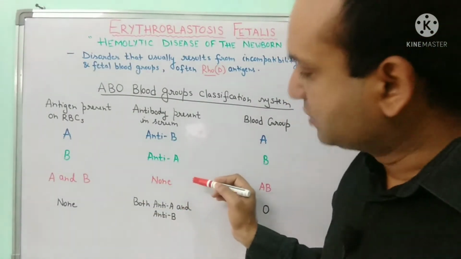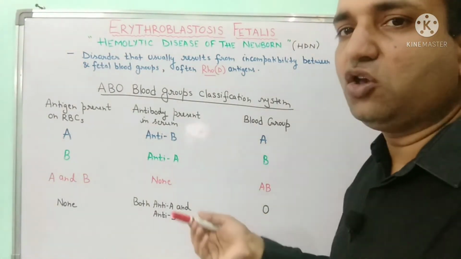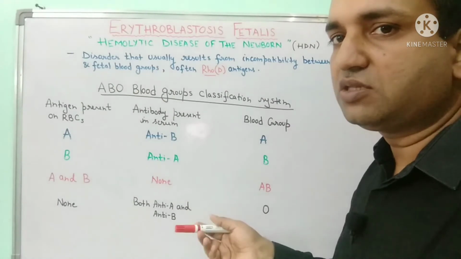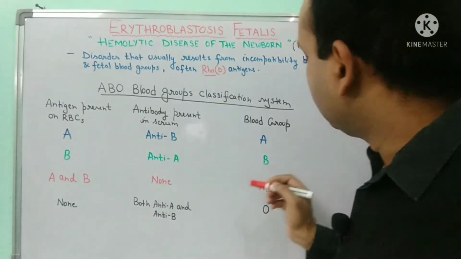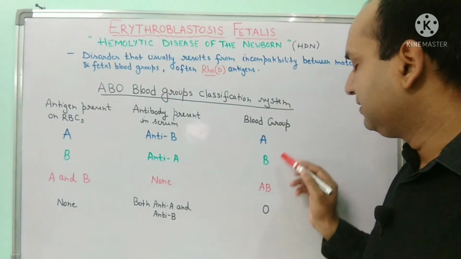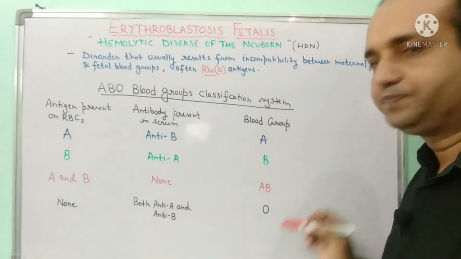In this case, his body will not make antibodies against any of the antigens because both the antigens are his own. In such case, the blood group of such a person will be blood group AB.